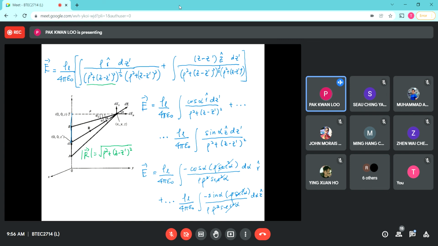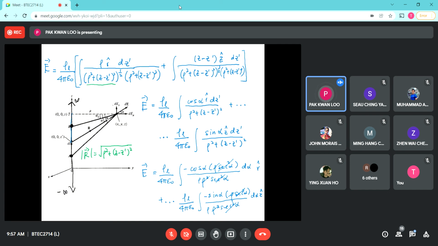As this point moves to infinity, B moves to positive infinity and A moves to negative infinity, alpha 1 and alpha 2 tend to 90 degrees, right? Am I right?